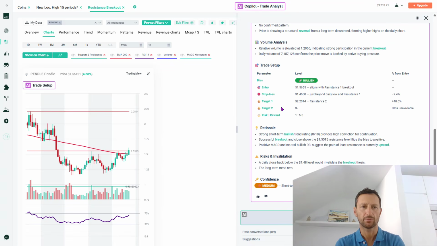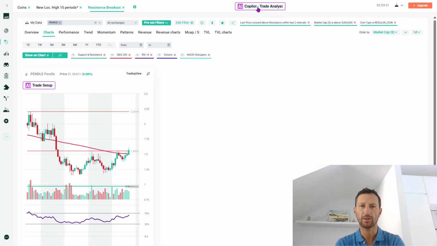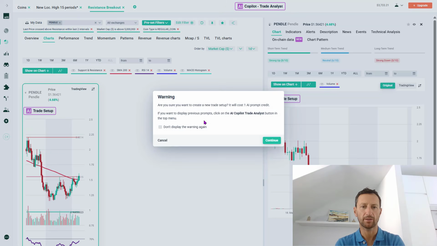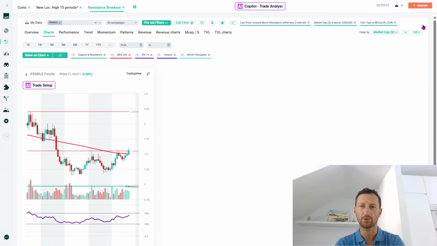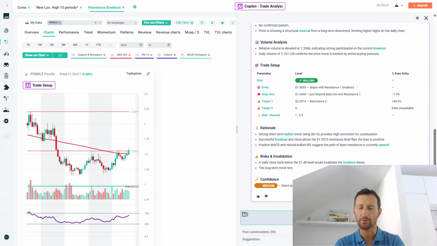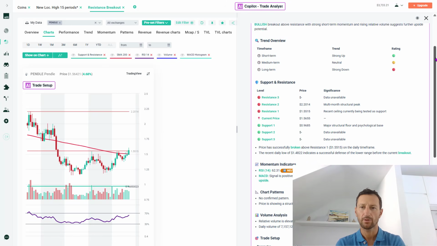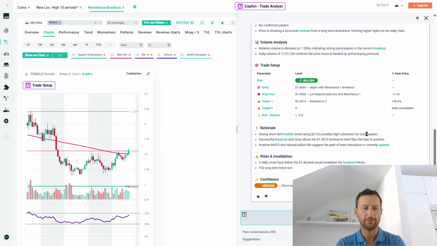Now if you want to get back to your trade setup, use this button up on top, the AI Copilot, because if you use this button again, this may rerun the AI trade setup and take another credit from your daily credits that you have. So you don't want to do that. Just click on the top AI Copilot button to get back to the trade setup that we already have.